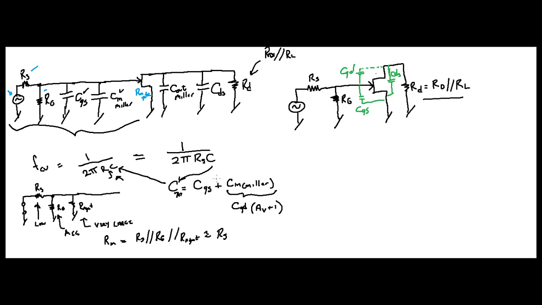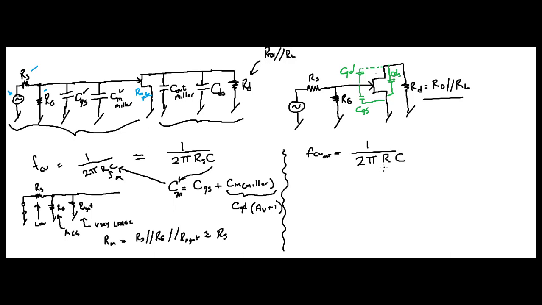Now, let's do your output. If you're looking at your output, you're going to look at this part. As we discussed previously, your FCU output is going to equal 1 divided by 2 pi, again, RC.